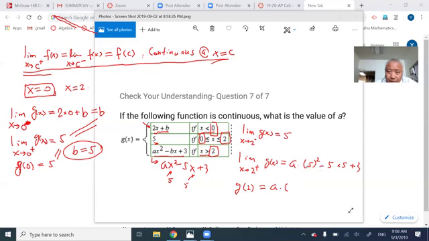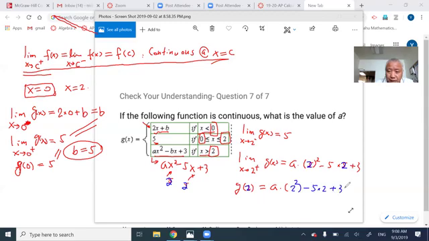Oh, wait a minute, a little correction here. At x equals 2, we plug in 2, not 5, because I approach 2 from the right side. So when you find the function value at x equals 2, you simply plug in 2: a times 2 squared minus 5 times 2 plus 3.